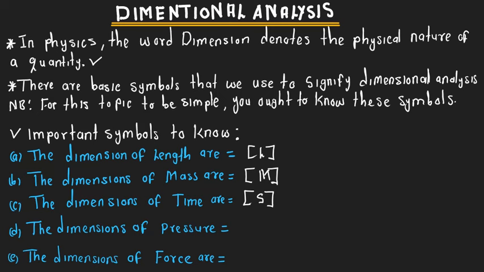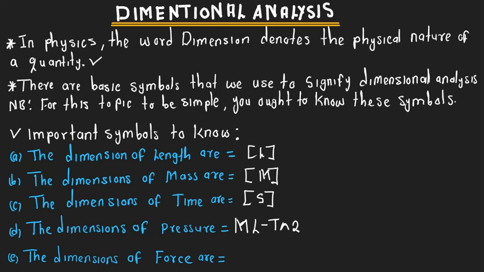So the dimensions of pressure is simply mass to the power 1, multiplied by length, then period raised to the power 2.